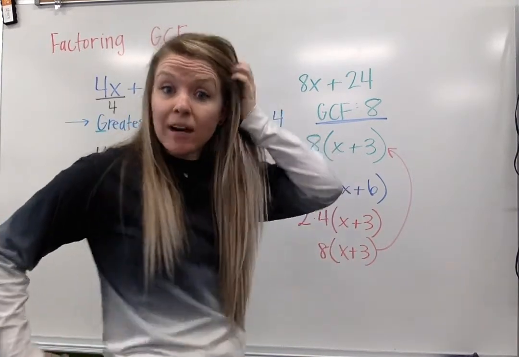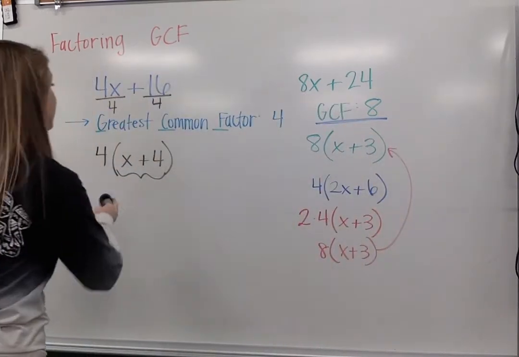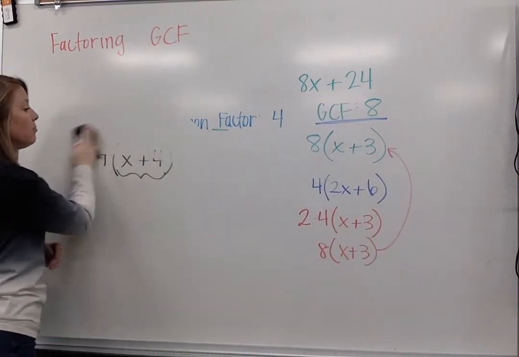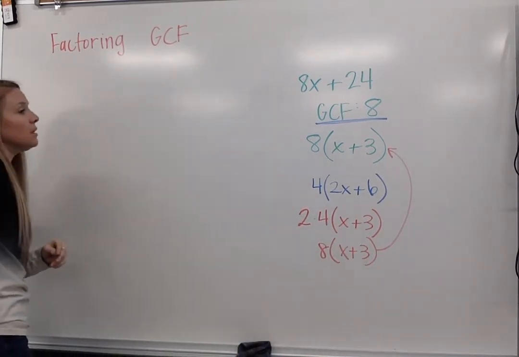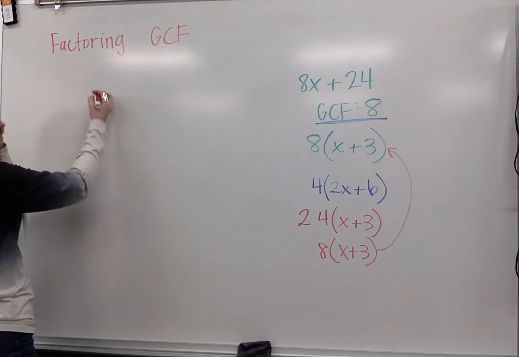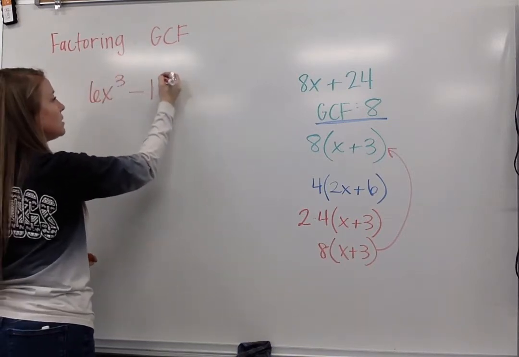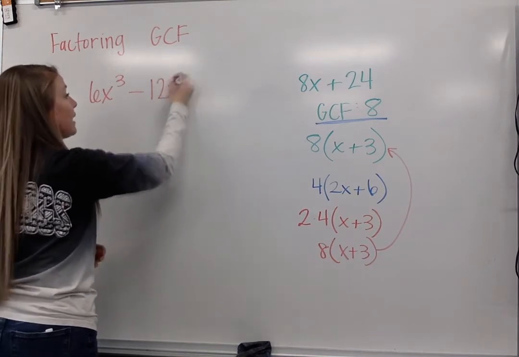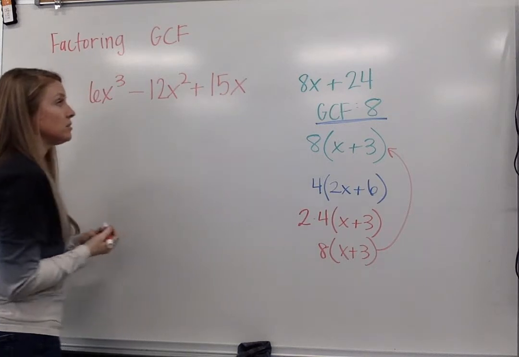Let's go ahead and add in variables now. So when we're factoring, we do the same idea, but with variables. So let's say we're looking at 6x cubed minus 12x squared plus 15x.